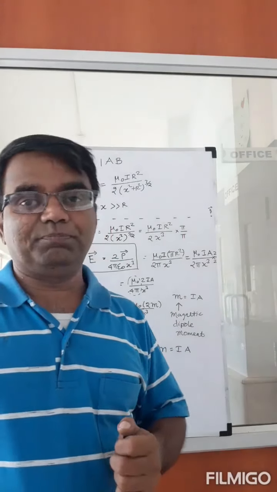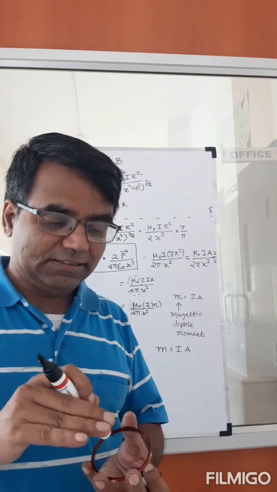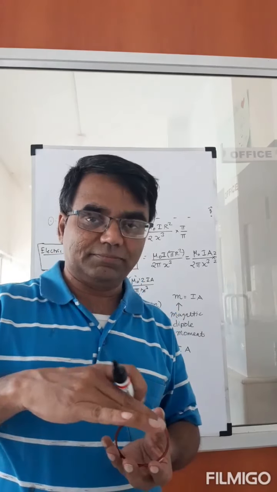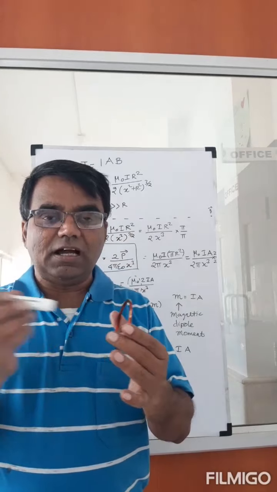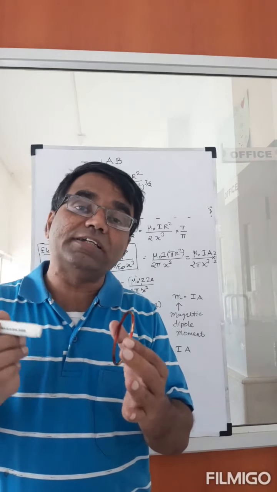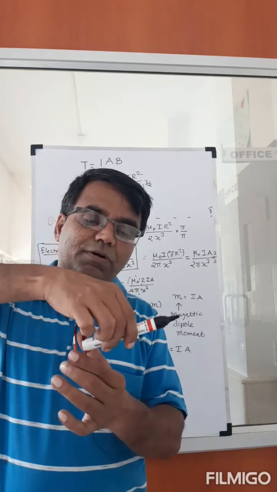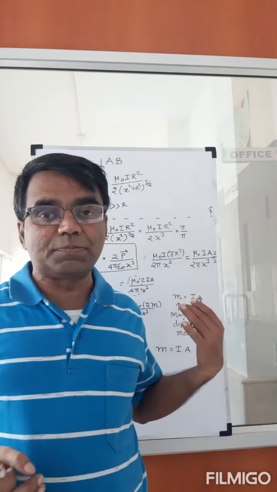We have done that before. The normal to the area is the direction of the area. But if I have a loop like this, I have two normals, pointing in two directions. Which direction am I going to choose for this purpose?